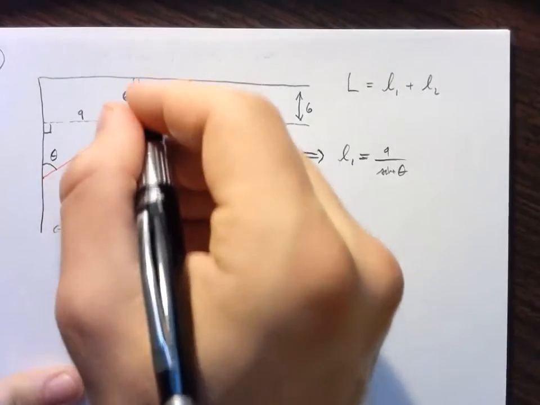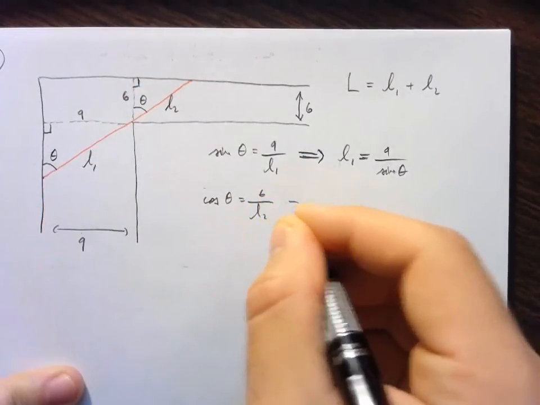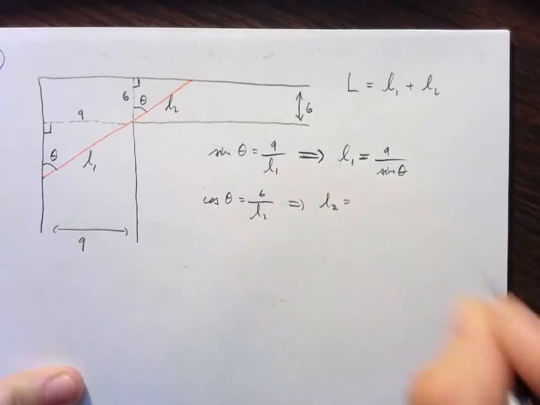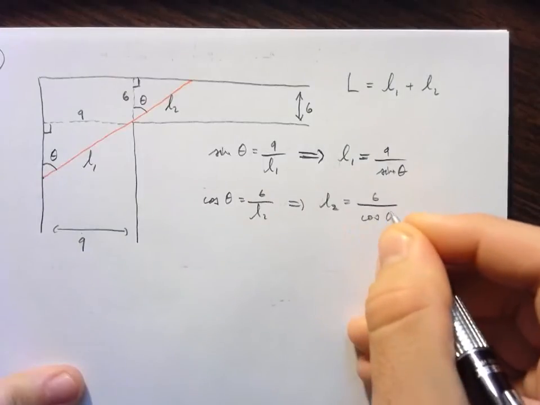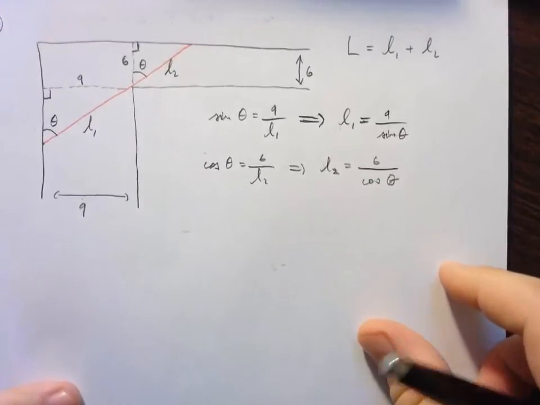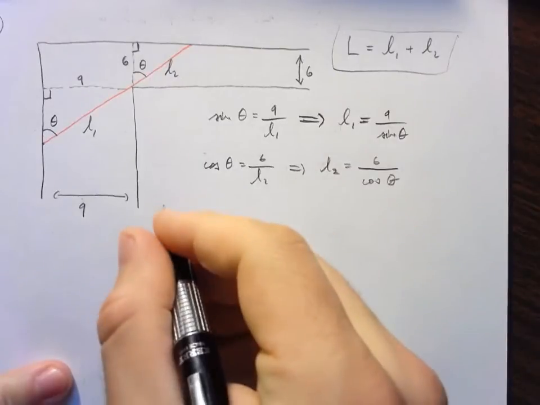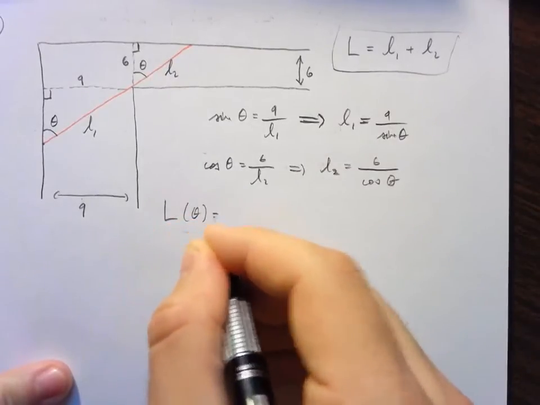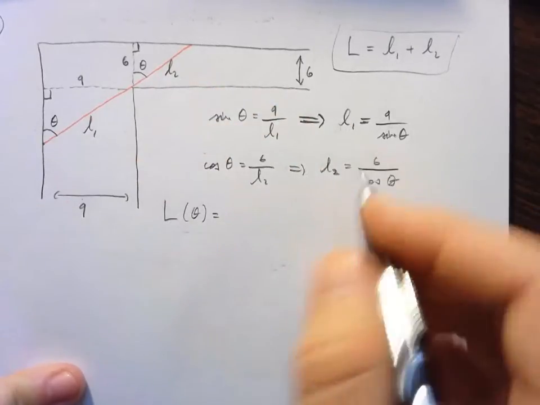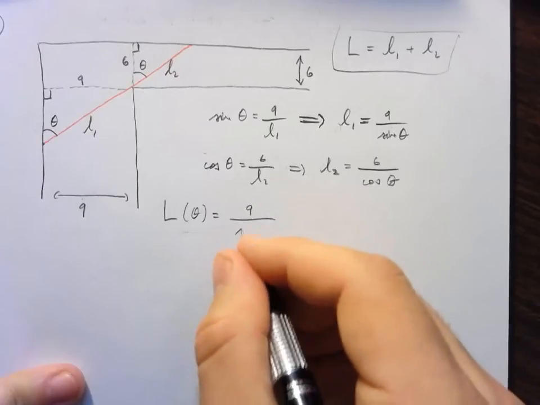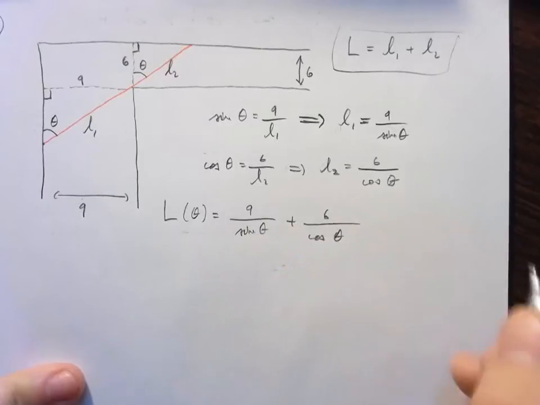For the other triangle, cosine of theta is going to be 6 over L2, which allows me to solve for L2 in terms of theta. So L2 is 6 divided by cosine of theta. Now I can write an equation for the total length of the pipe strictly in terms of the angle. L of theta, the total length of the orange line, is L1 plus L2, so it's 9 over sine of theta plus 6 over cosine of theta.